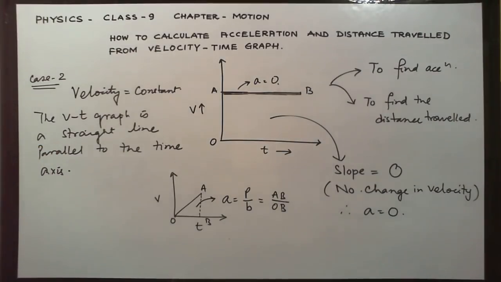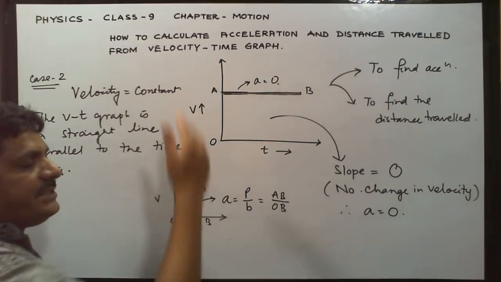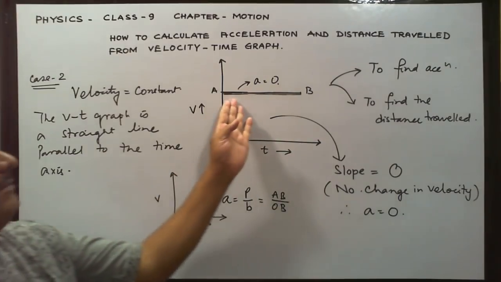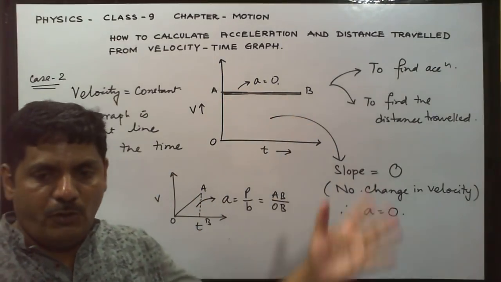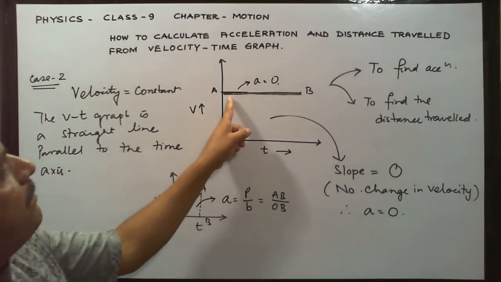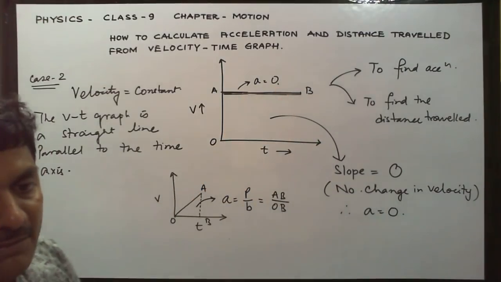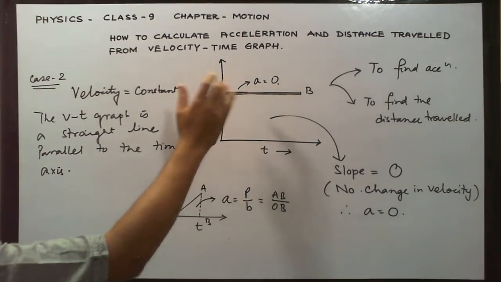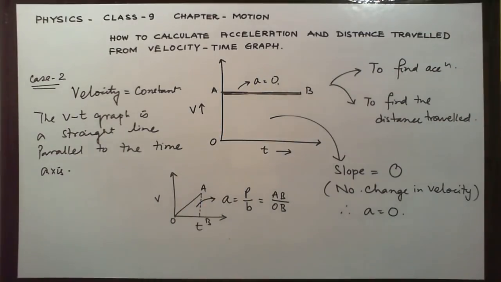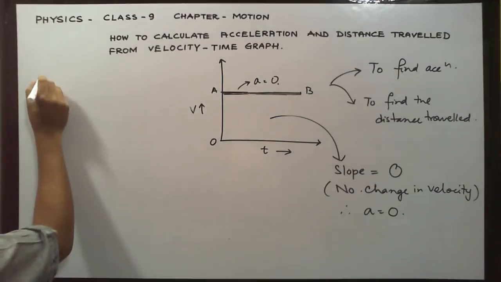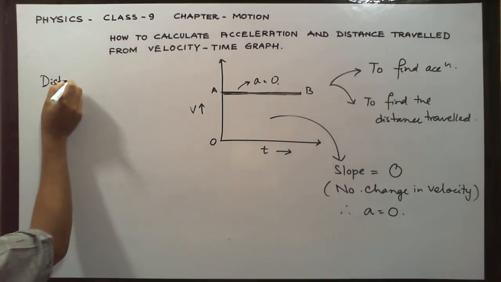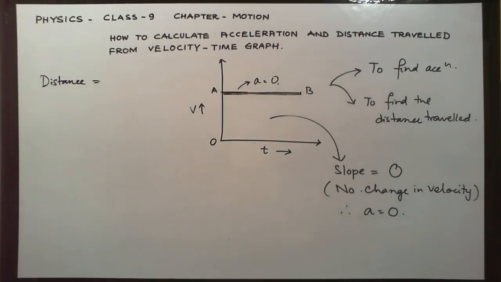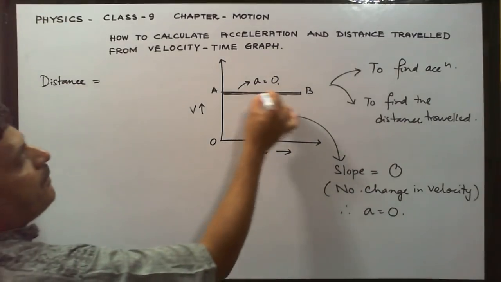Now the question is to calculate the distance traveled by the body. Even if it is having a constant zero acceleration, the body is moving, so it must be having some distance traveled. So let us find out the distance traveled from this graph. So distance is equal to, what to do now? We have got point B here.